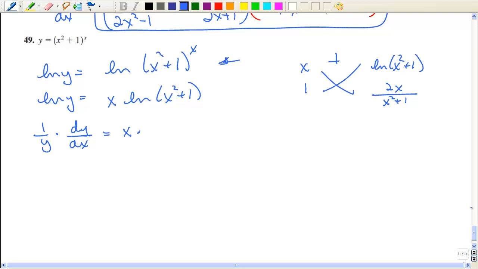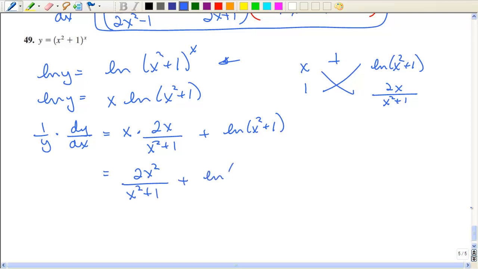So it's going to be, I'm just going to write that a little bit nicer. Okay, so that's dy/dx times 1 over y.